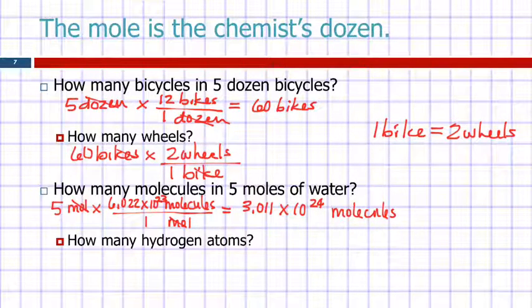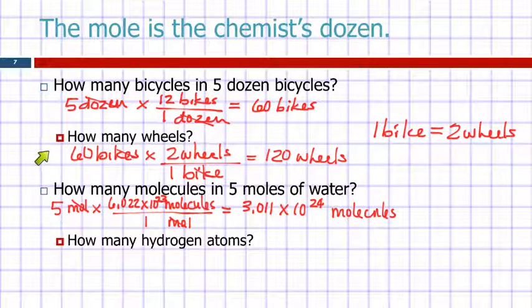Number of bikes cancels out, and I get 120 wheels. That one makes sense, right? Because you can think about bicycles. You can draw pictures in your mind and see how that would look. You don't want to take 60 and divide by 2 and say that 60 bicycles have 30 wheels. That doesn't work. They couldn't even be unicycles. It'd be hemicycles. Each bike has half of a wheel. Not very functional.